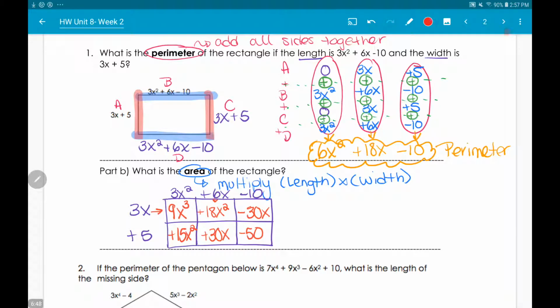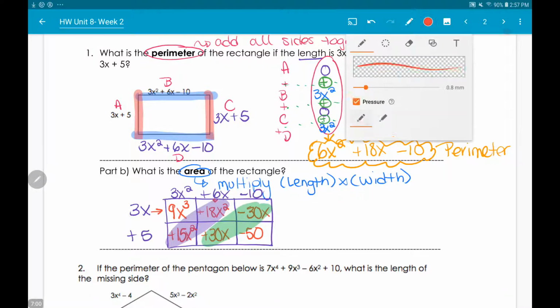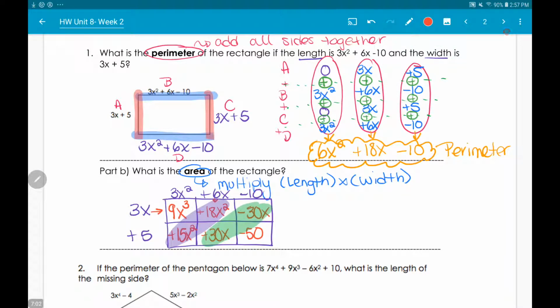All right, so now I'm going to look at my like terms. So I have my squared like terms here. And then I see here that I have my x like terms. All right, so this gets me 15 plus 18, which is 33x squared.